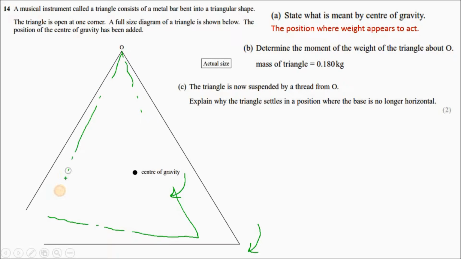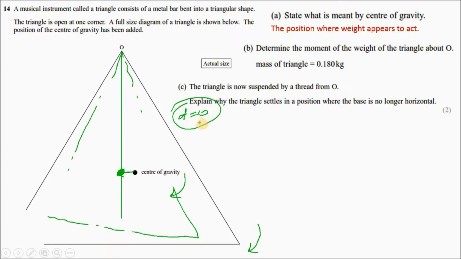Then you will find that the triangle will be something like this. That will be the new position of the triangle, where the base does not remain horizontal. The reason is, when the triangle produces a moment, the center of gravity shifts leftward, so that the center of gravity will be exactly under the pivot, and there will be no moment arm, d will be 0.